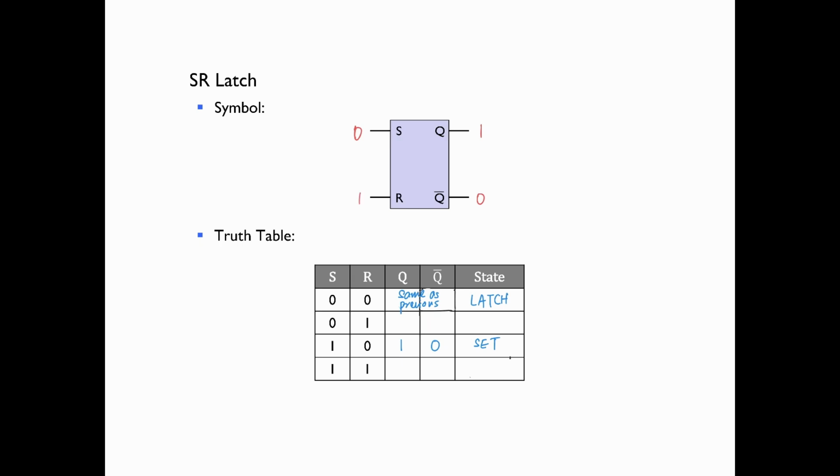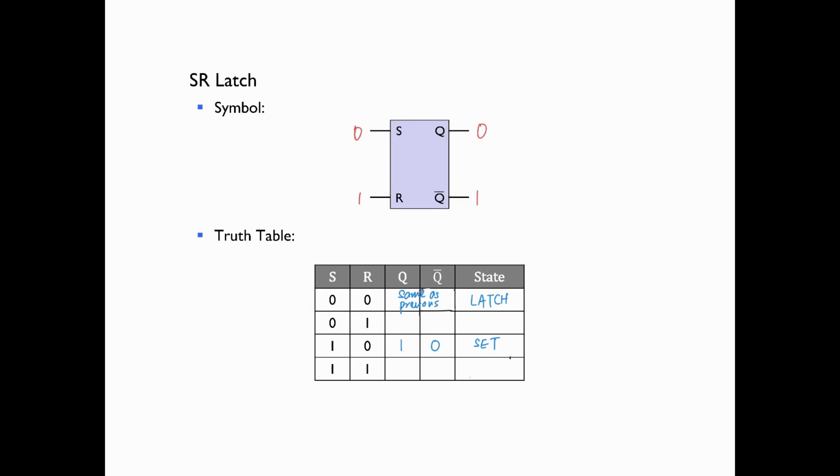Now, if reset is changed to a 1, Q will become 0 and Q bar will become 1. So you have successfully reset the latch. We have reset Q to a 0, so we can also say that Q is equal to 0. This is the reset mode.